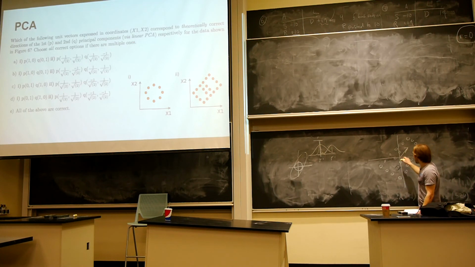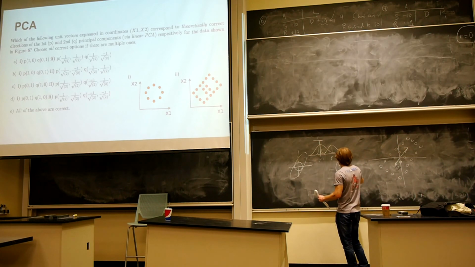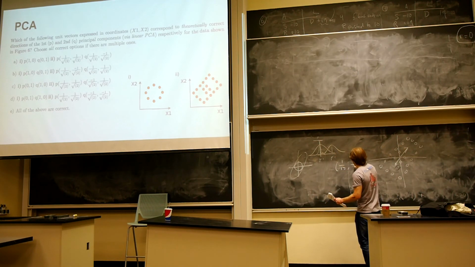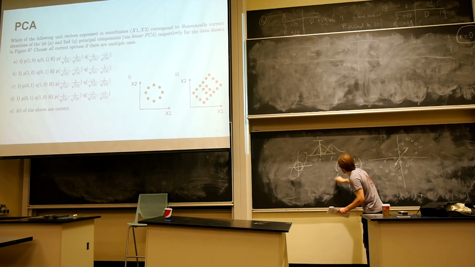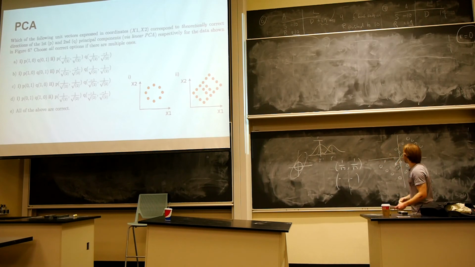And similarly, this would also give us the same thing. I've shifted this data to be at the center of the plane. So we can write this vector as 1 over square root of 2, comma 1 over square root of 2, or alternatively negative 1 over square root of 2, comma negative 1 over square root of 2.